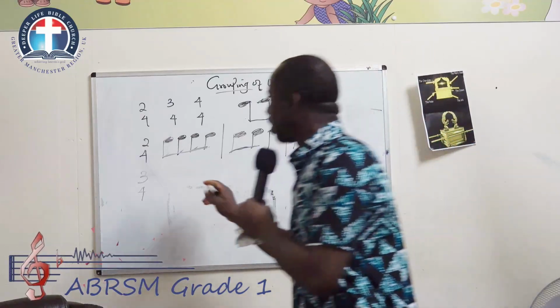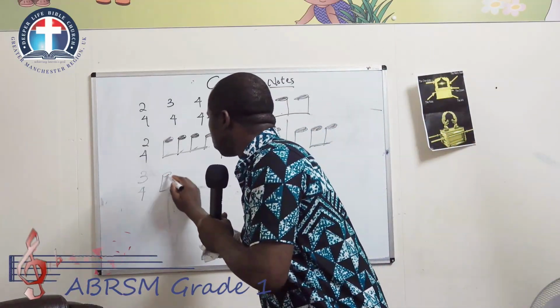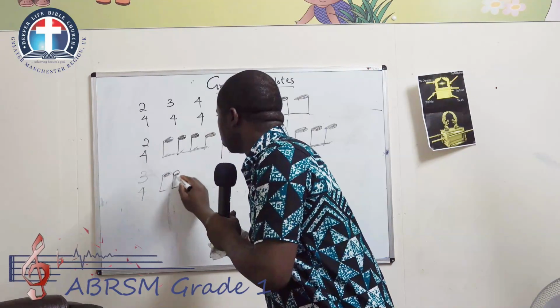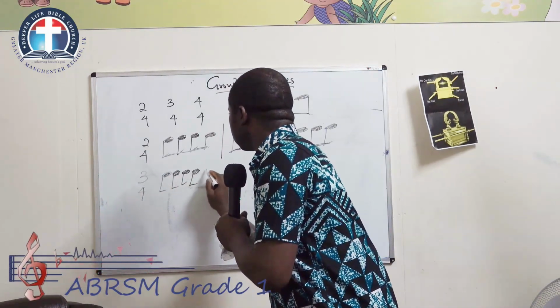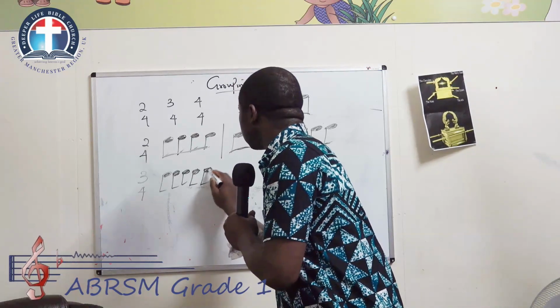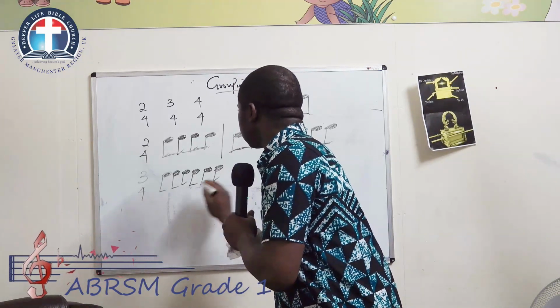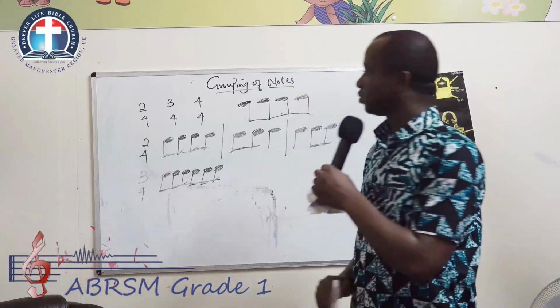All right? So that means you could have this 1, 2, 3, 4, 5, 6, and then you can beam everything together.